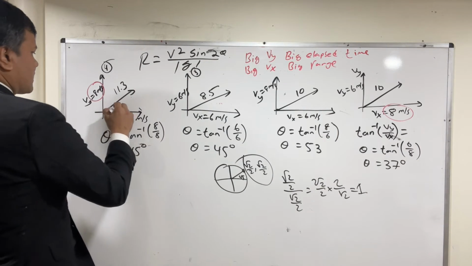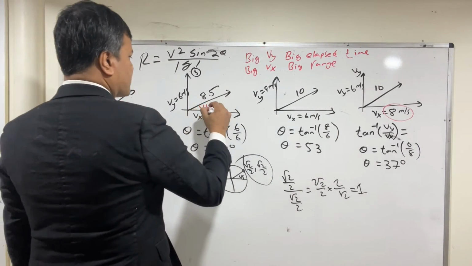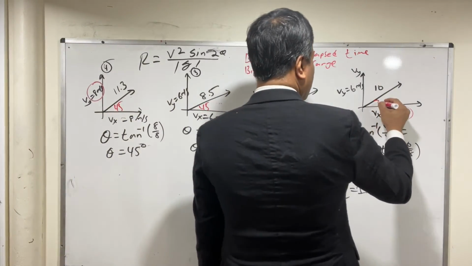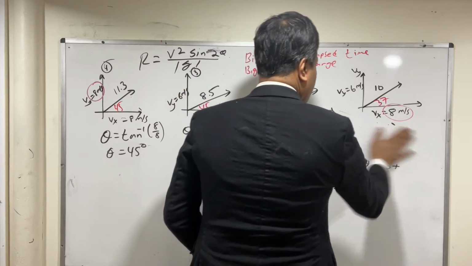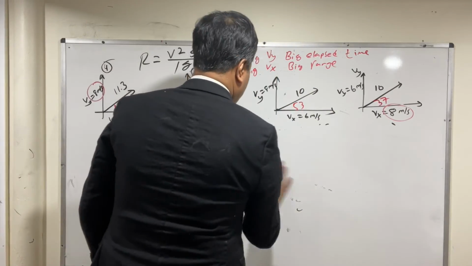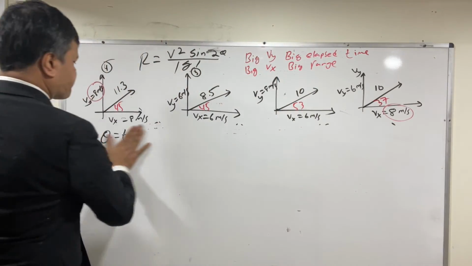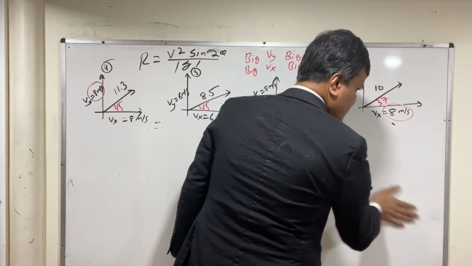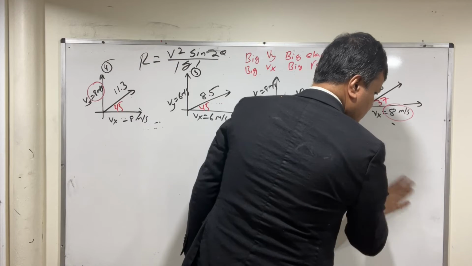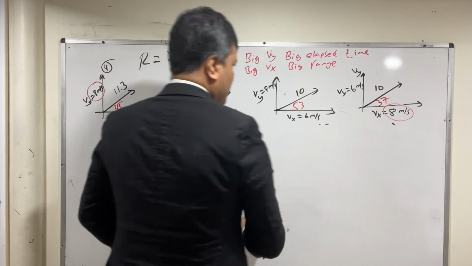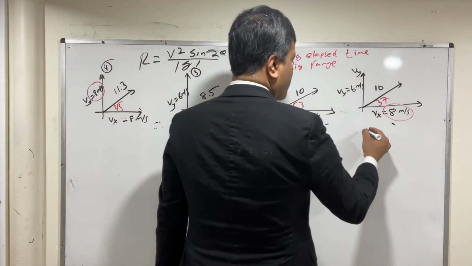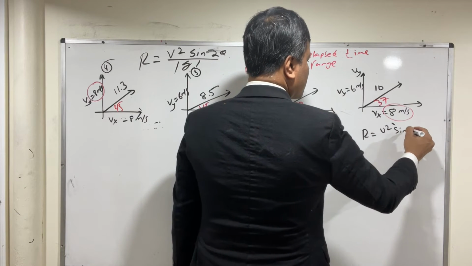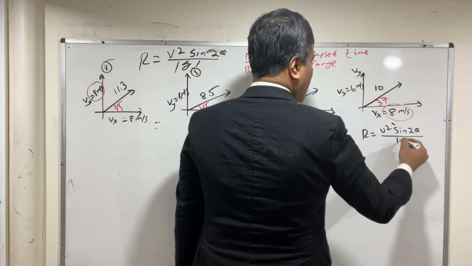So this is 45 degrees, this is 45 degrees, this is 53 degrees, and this is 37 degrees. So we can erase this to do the range equation. Now we're going to do the range equation and see how much it is. R is equal to V square sine 2 theta over 10.